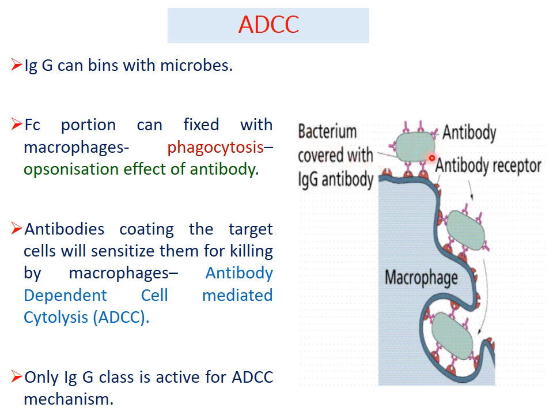Okay. So after binding, what occurs? That is phagocytosis or internalization. Internalization is also called opsonization. So phagocytosis or internalization of the bacterium is called opsonization. After opsonization, the antibodies coating the target cell sensitize it, so the cell which opsonizes the bacterium covered with antibody, like macrophages, can kill or lyse the cell.